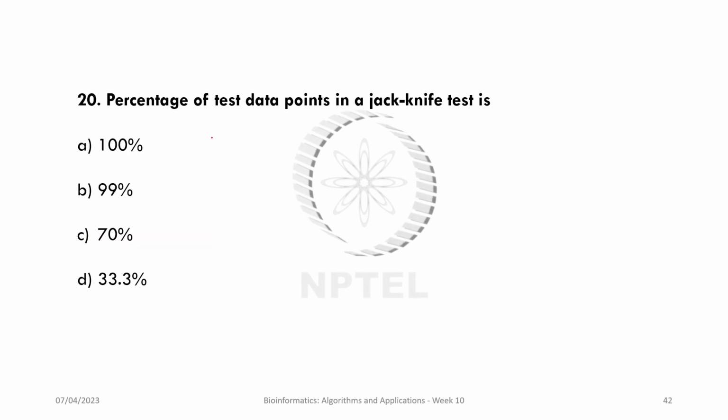Question 20. Percentage of test data points in a jackknife test is A 100%, B 99%, C 70%, and D 33.3%.